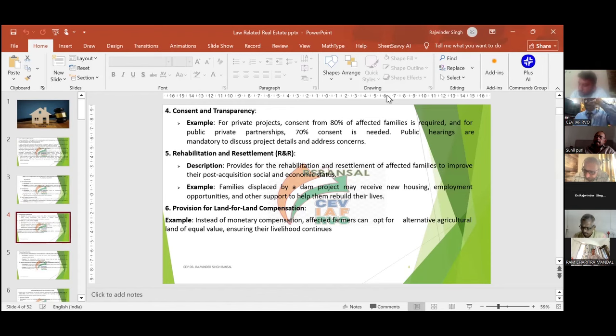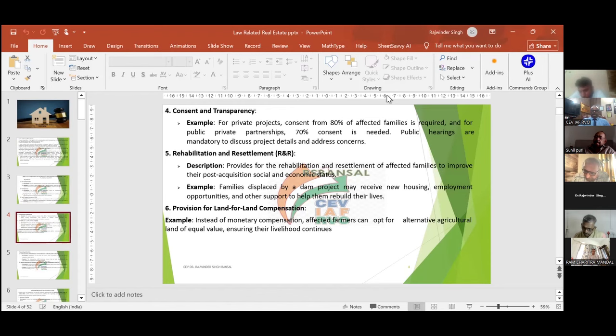And then the most important thing which has been incorporated in this amended act is rehabilitation and resettlement, which was not there in the old act. So it provides rehabilitation and resettlement of all the affected families so that the post acquisition social and economic status of the affected families is improved.